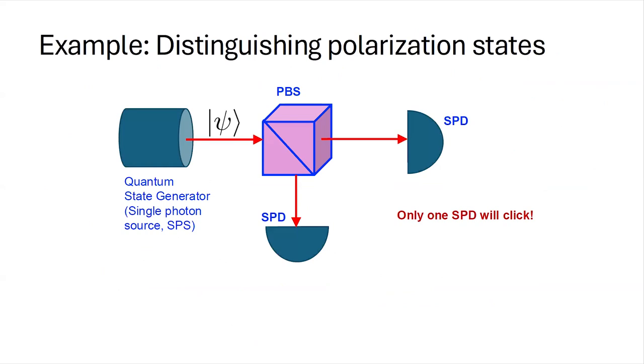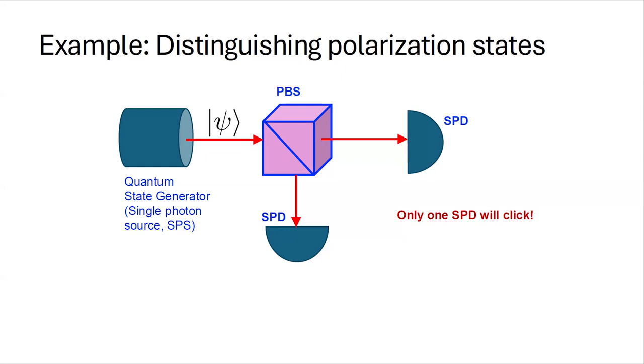Okay, so let's focus on the center between the source and the detectors. The simplest circuit can contain the simplest element, which is the polarizing beam splitter. So what will it do? Last time we saw that if the photon is horizontally polarized, it will just transmit. If it is vertical, it will just reflect.